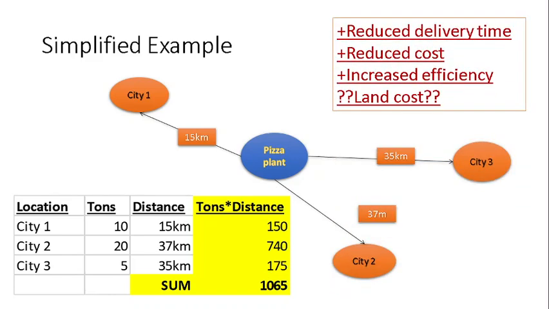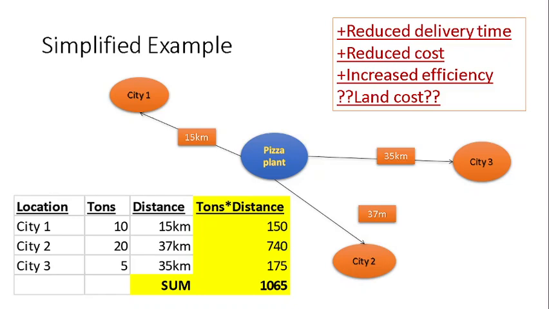And we see that if we follow this setup, then we achieve half of this weighted load. So as you can imagine, here we have a reduced delivery time because, as you can see, we have placed our plant somewhere between those three cities, so the distances are substantially smaller than before. So we achieve reduced delivery time, we achieve reduced cost, and of course we increase our efficiency.